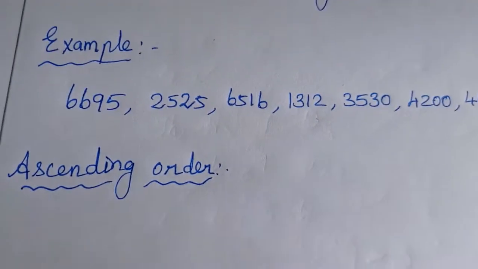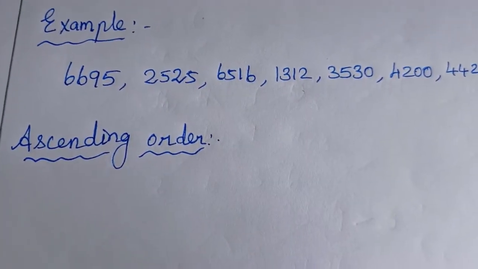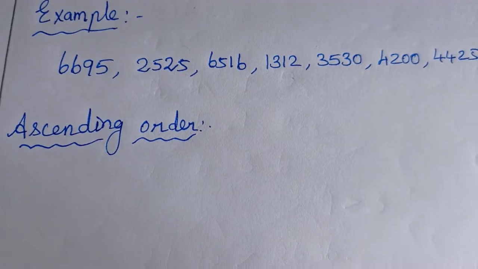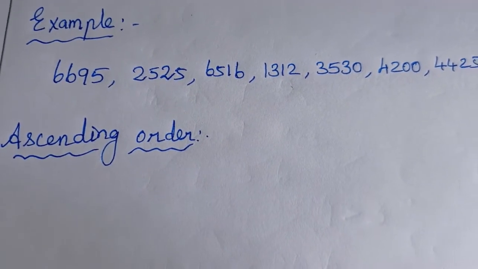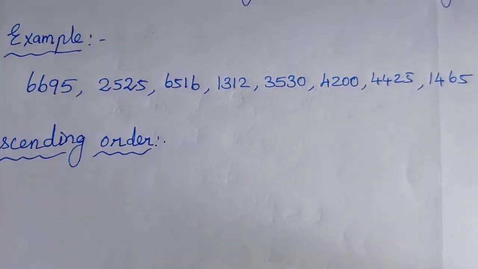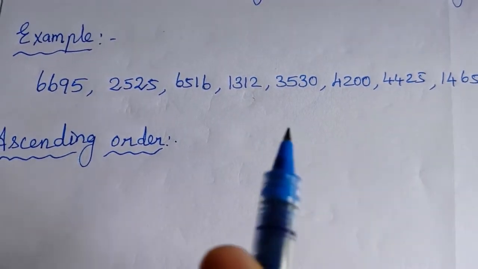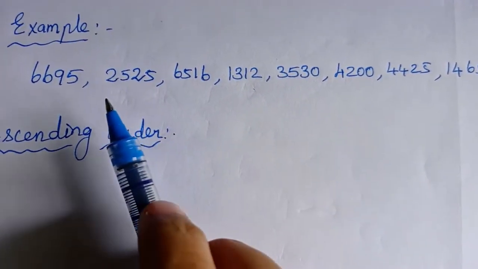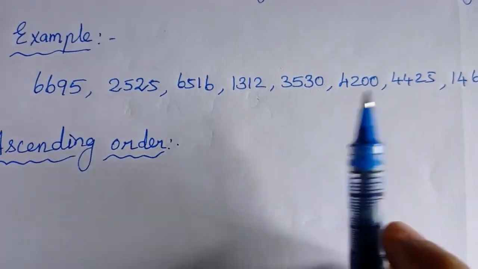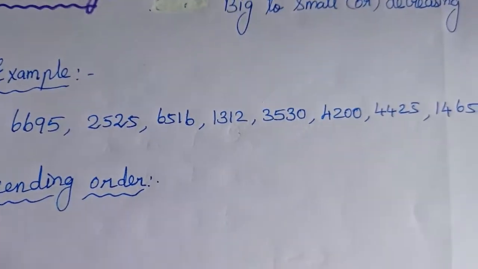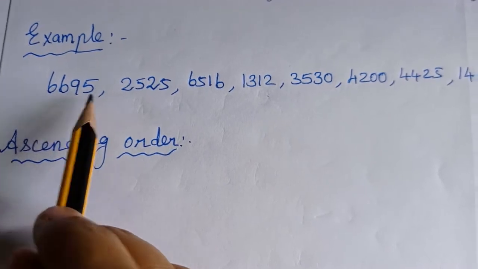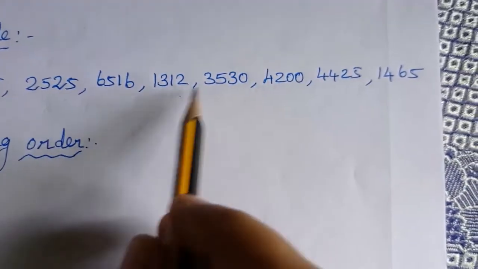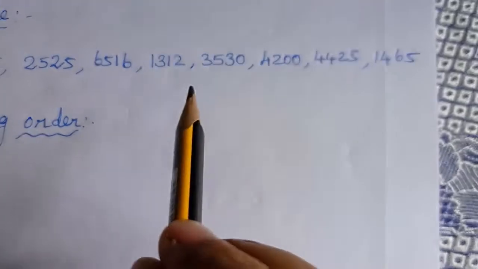So first, which is the small number here? If you want to find the small number, first you have to check the digits of all the numbers. Here the first number is 4 digit, second number also, and so on. All the numbers are 4 digit numbers.